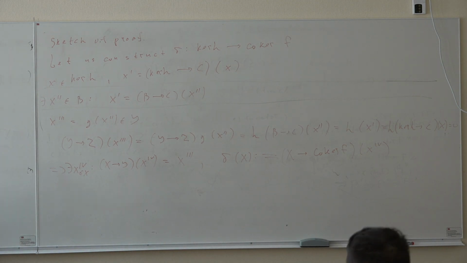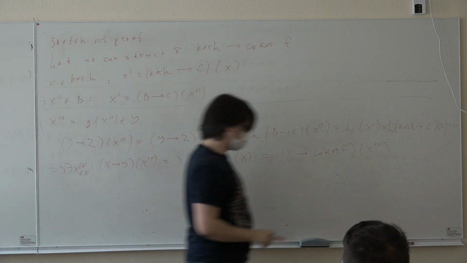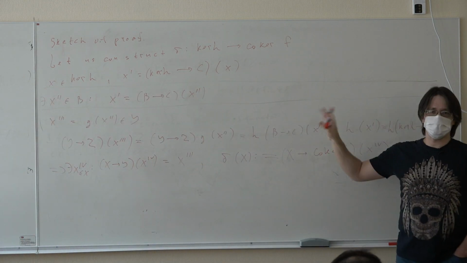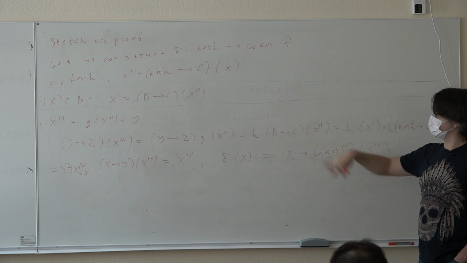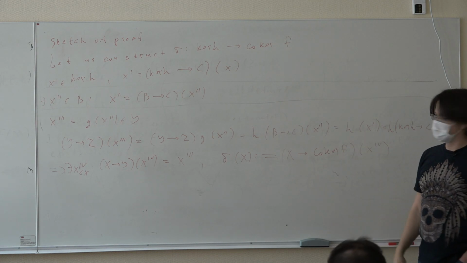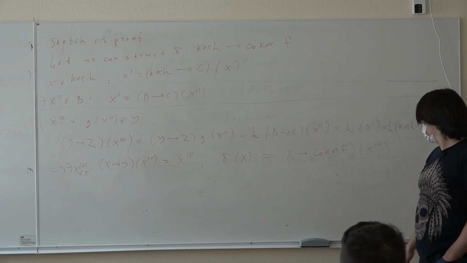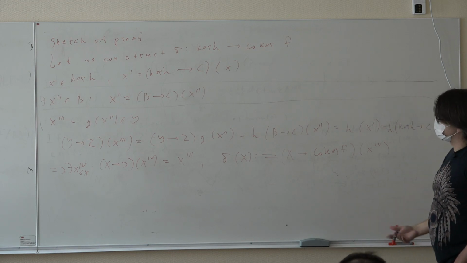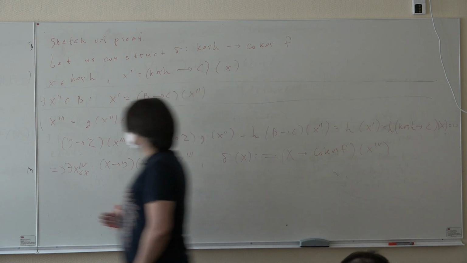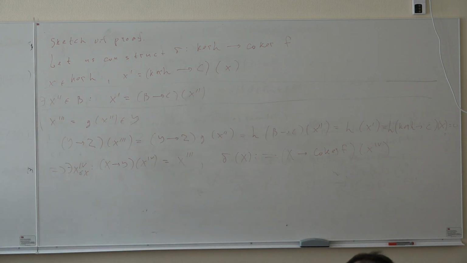So more or less, this is the diagram chase. When you take some element and go where you can go and come to some point where you want to come. So we have constructed the required map delta.